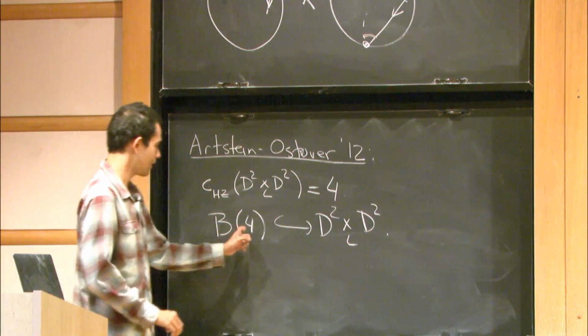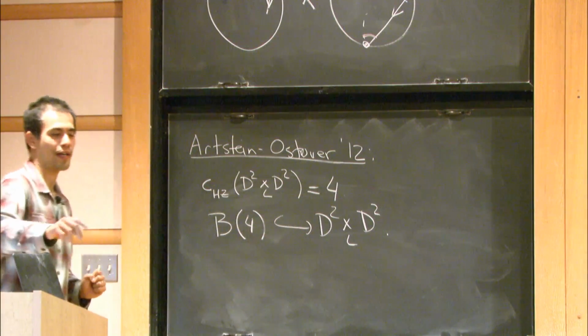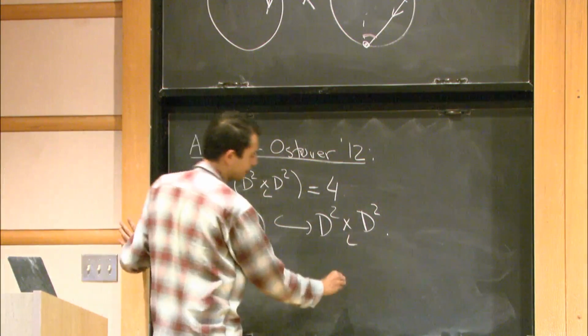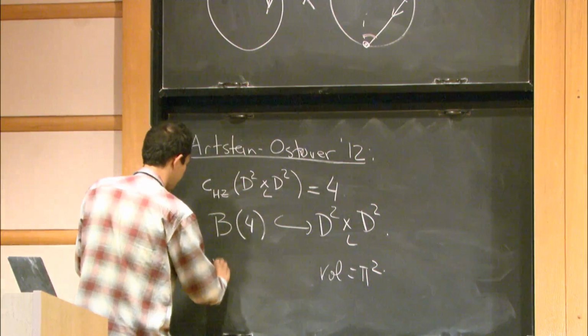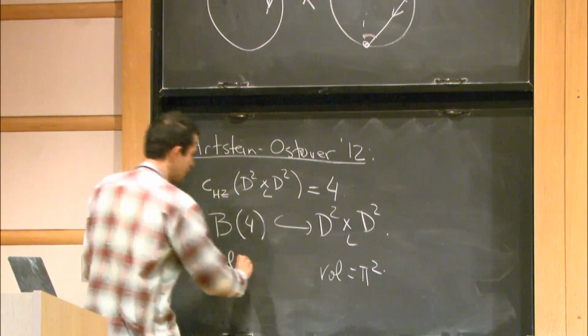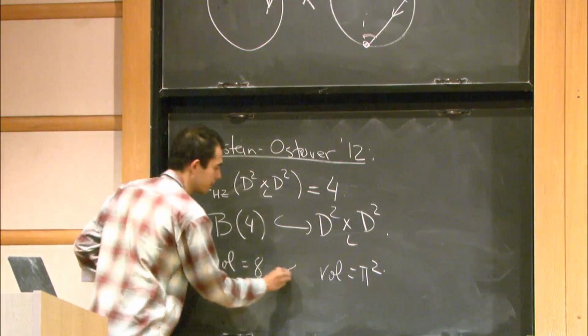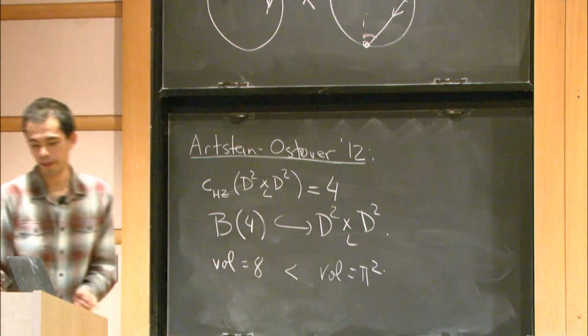So this is the largest ball that fits in here. And I think it's worth pointing out that it doesn't fill the volume. So the volume here is pi squared, and the volume here is 8. Okay, so this is strictly smaller. And this is an explicit construction, so you can put your hands on it.